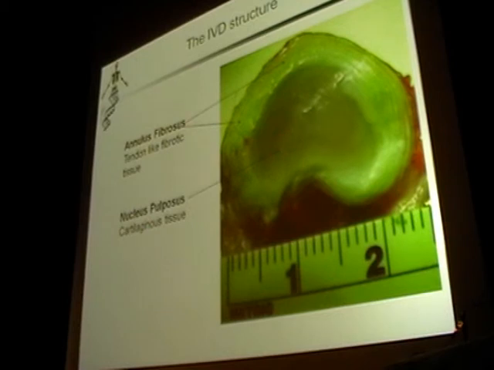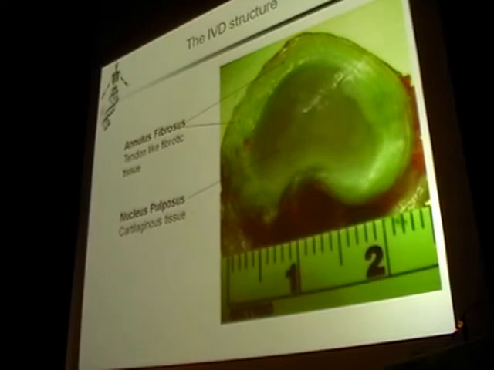The inside of this tissue is called the nucleus pulposus, a kind of cartilaginous tissue, and this part of the intervertebral disc functions as the shock absorber.